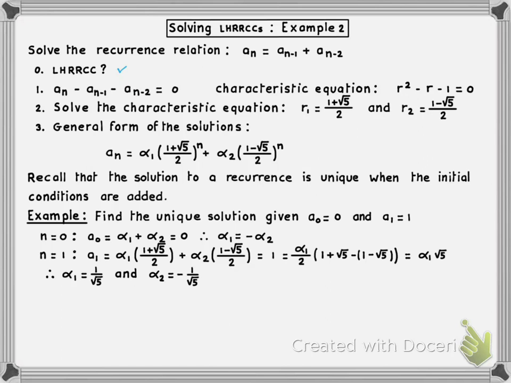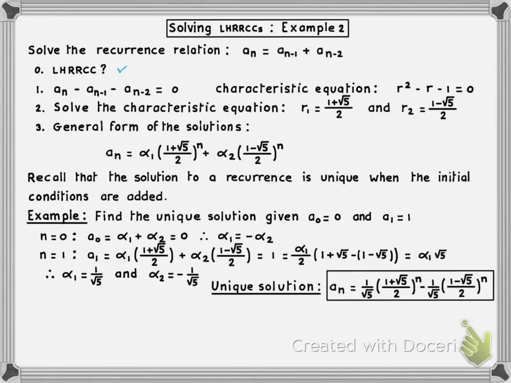So now we determine the two unique values for alpha 1 and alpha 2. We can plug them back into this general form to get the unique solution, which again is a closed form formula for the Fibonacci sequence. And it looks like this. That's it. That's pretty complicated.